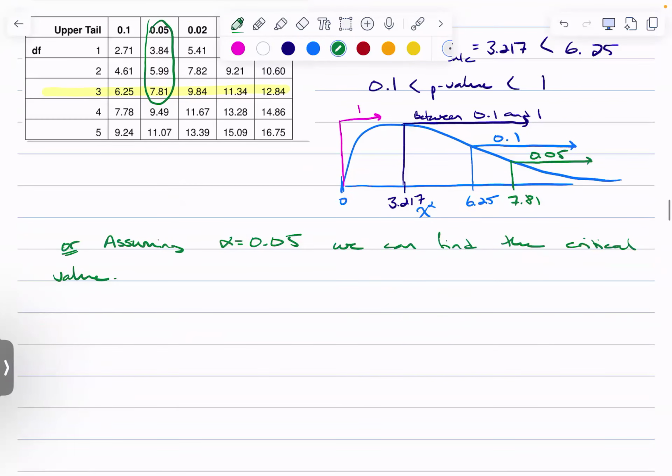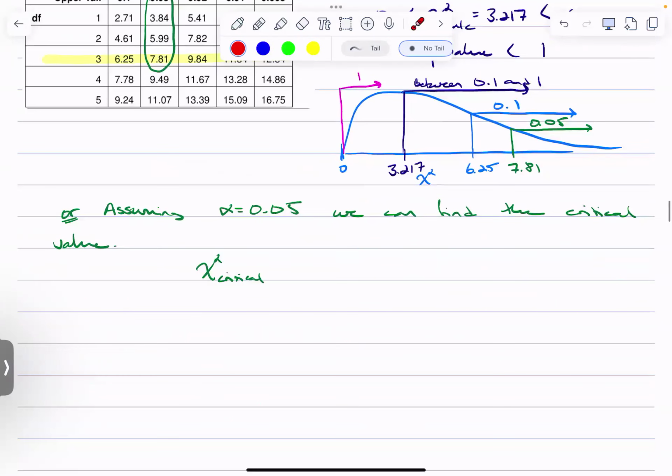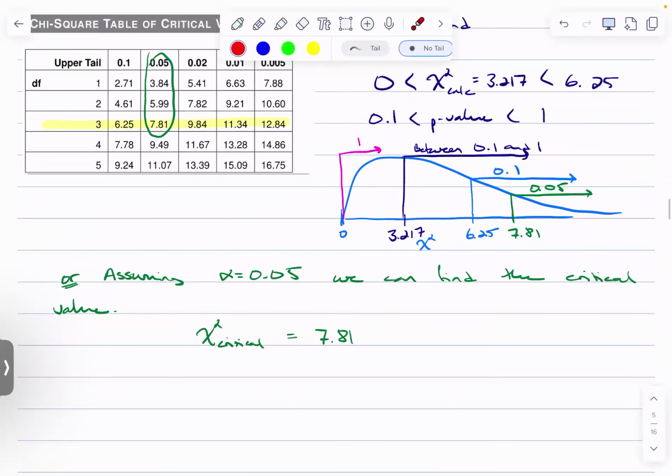So my chi-squared critical, which is why I was putting a little calculated here, calculated versus critical, annoying because C wouldn't work, our critical value would be 7.81. Which means, if we flip it, our calculated chi-squared would need to be larger than 7.81 in order for us to reject H0.